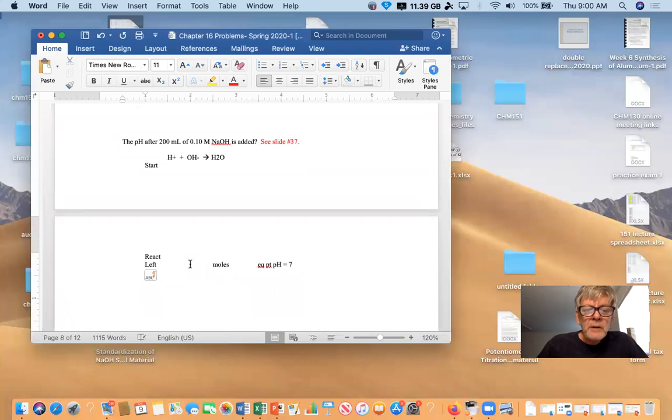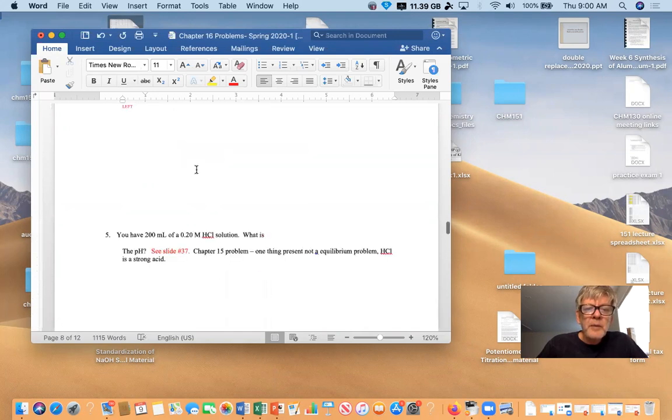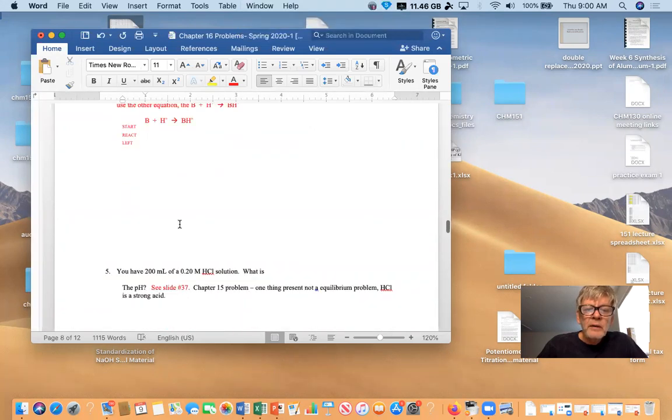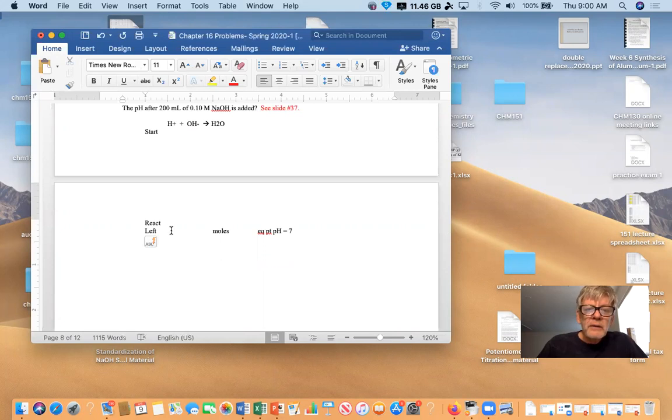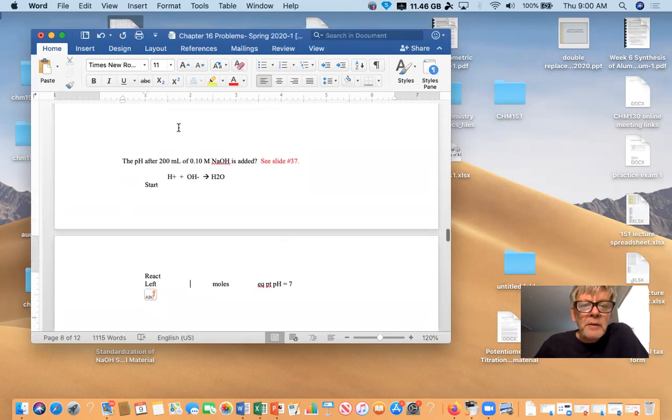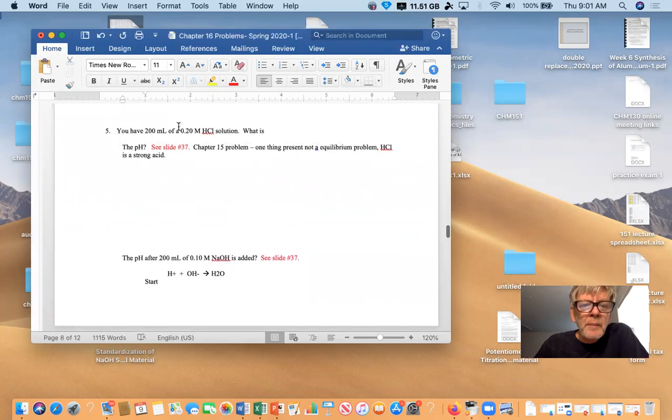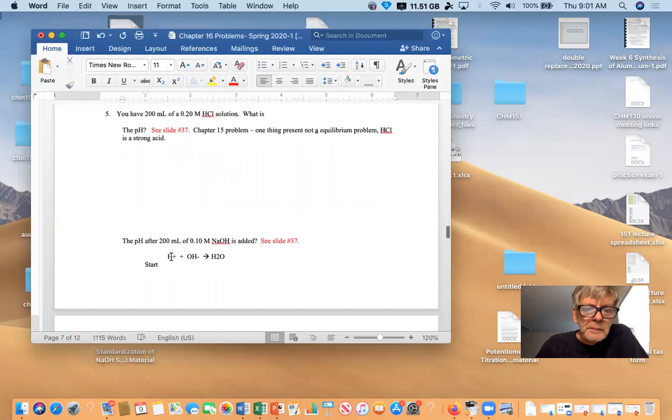But the other way is going to be similar to one of the problems up above, where we were left with a strong acid or a strong base. So we take our moles of what we're left with, and we divide by the total volume. In this case, we divide by the 200 mils plus the 200 mils, our total volume at this point of 400 mils.